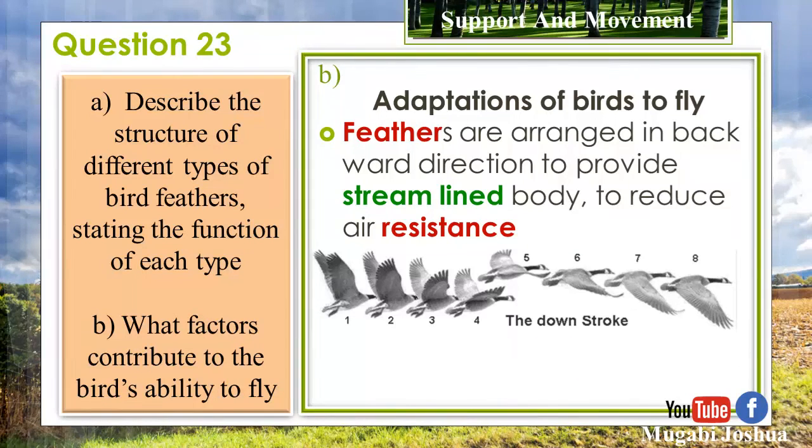The bird's feathers are arranged in a backward direction to provide a streamlined body. This reduces the air resistance. So the feathers face a backward direction to provide a streamlined body which reduces the air resistance as the birds are flying through the air.